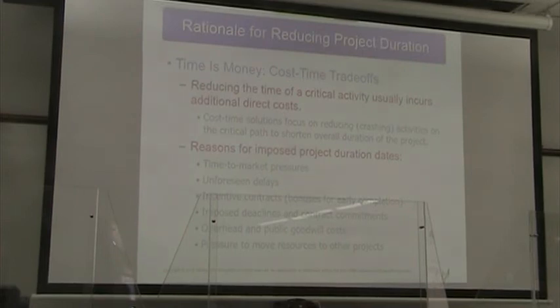We might have an incentive contract. Very often, there will be a bonus if we can finish early, right? And the boss may be really pushing us on that one. Come on, man, we can make an extra $500,000 if we get this done 2 weeks sooner.